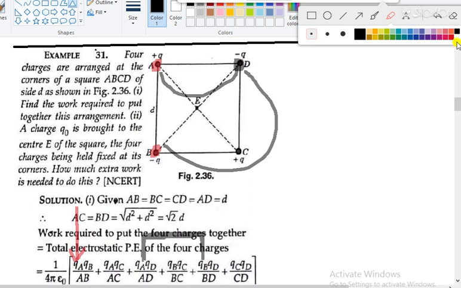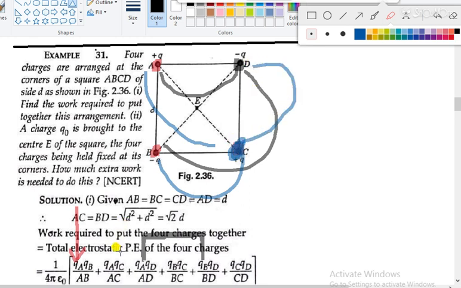Now students, we are moving to the next concept. Let's suppose now we are moving charge C from infinity to point C. When we are moving this charge from infinity to C, then at infinity the potential due to these three charges A, B and D is 0. But when we moved to this point C, there is potential due to A also, potential due to B also, and potential due to D also.